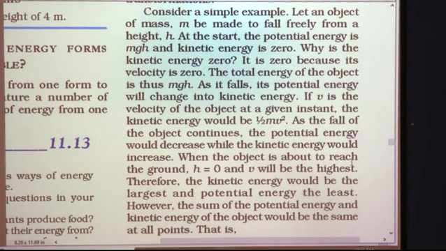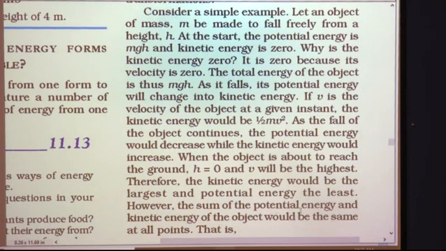When the object is about to reach the ground, that means when the height is 0, v will be the highest. Therefore, the kinetic energy would be the largest and potential energy will be the least, because at that time all the potential energy gets converted to kinetic energy.